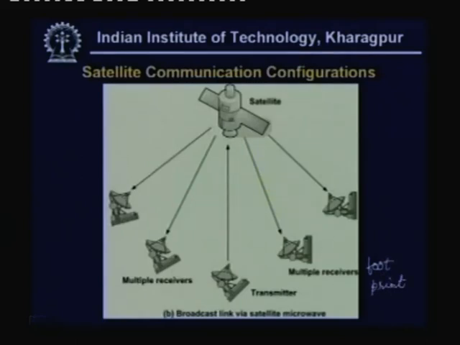All the ground stations under the footprint of the satellite can receive signal from here. Here you have one transmitter. From this transmitter signal goes to the satellite, then it is transmitted to a number of stations, broadcasting that signal to a number of other stations. So this is a broadcast link via satellite microwave communication.